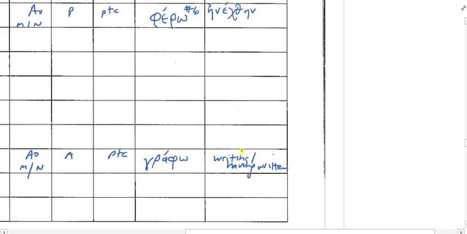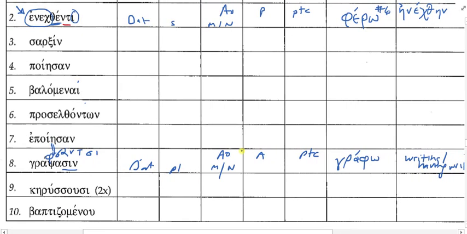Got to give myself a little room here. If it were adverbial, something like after writing, or after having written, or after they wrote, or something like that. Okay, good. Any other questions on these?